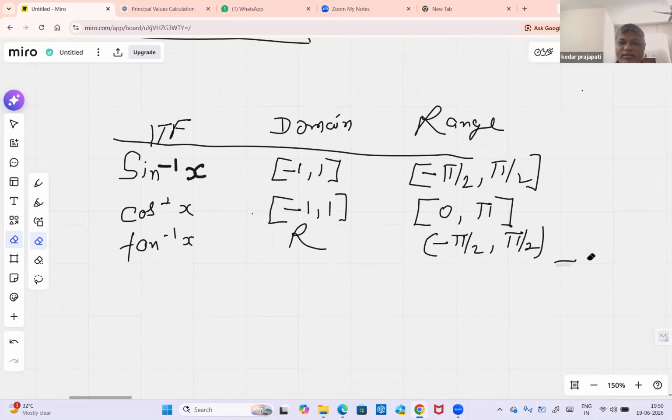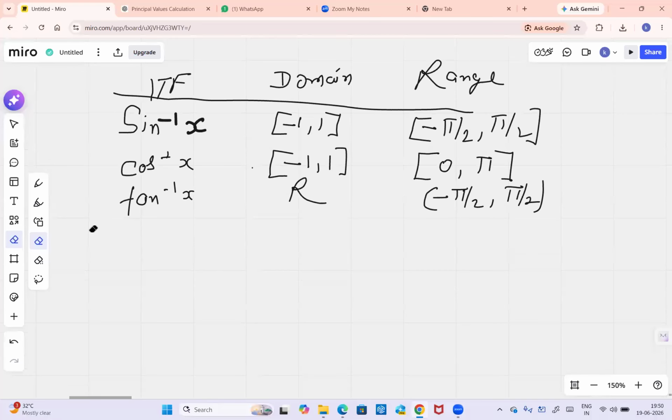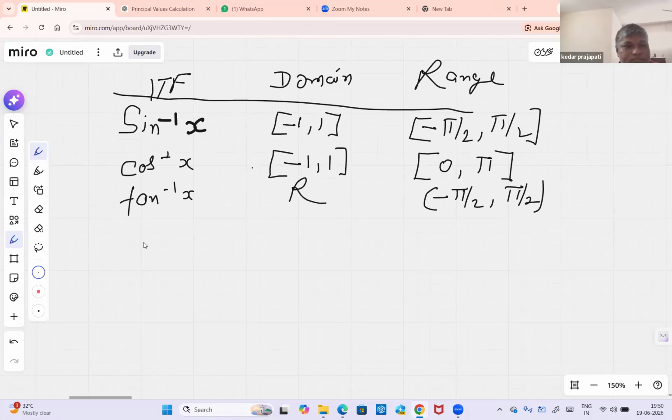Until here it is clear, right? Yes, sir. Okay. So for cot inverse x and cos inverse x, the domain is R and the range is 0 to pi, open interval.